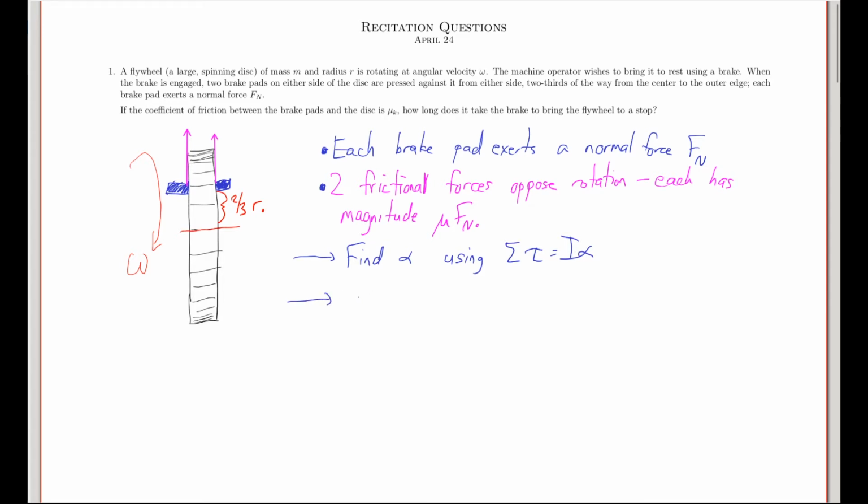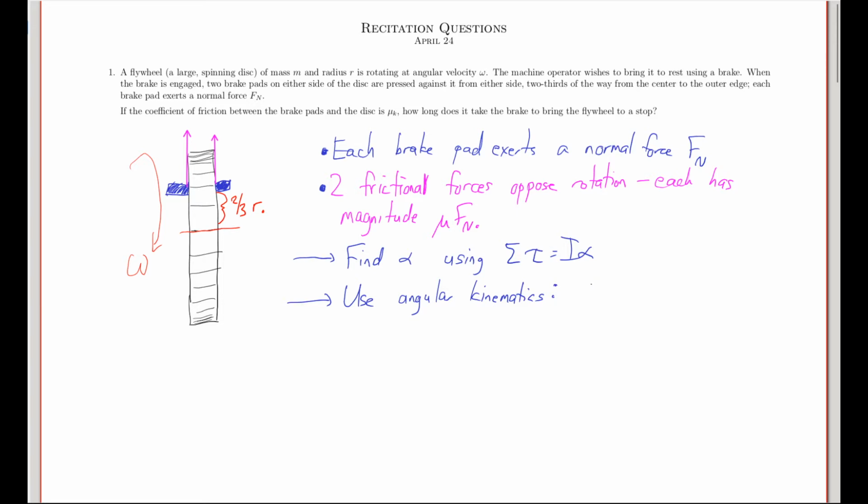And then, if we're relating the angular acceleration to how long it takes to stop, we can use angular kinematics, because this angular acceleration will be constant. So omega final is omega initial plus alpha t, and we're going to find the time.